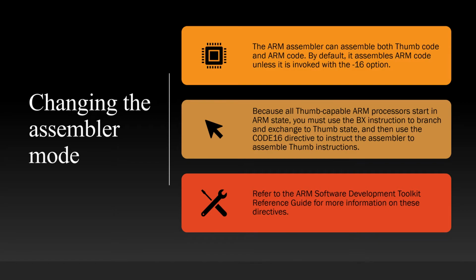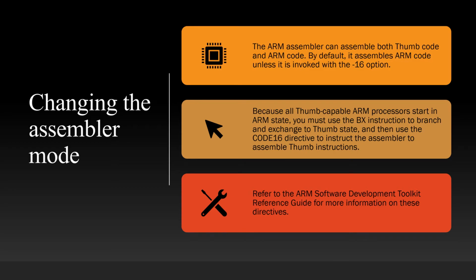Changing the assembler mode. First, the ARM assembler can assemble both Thumb code and ARM code. By default, it assembles ARM code unless it is invoked with the -16 option.